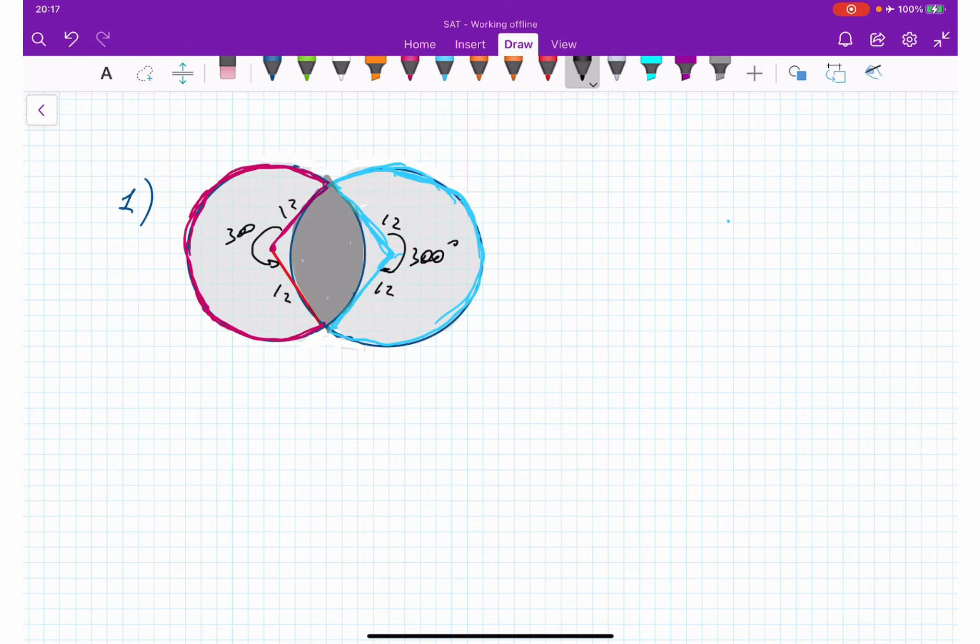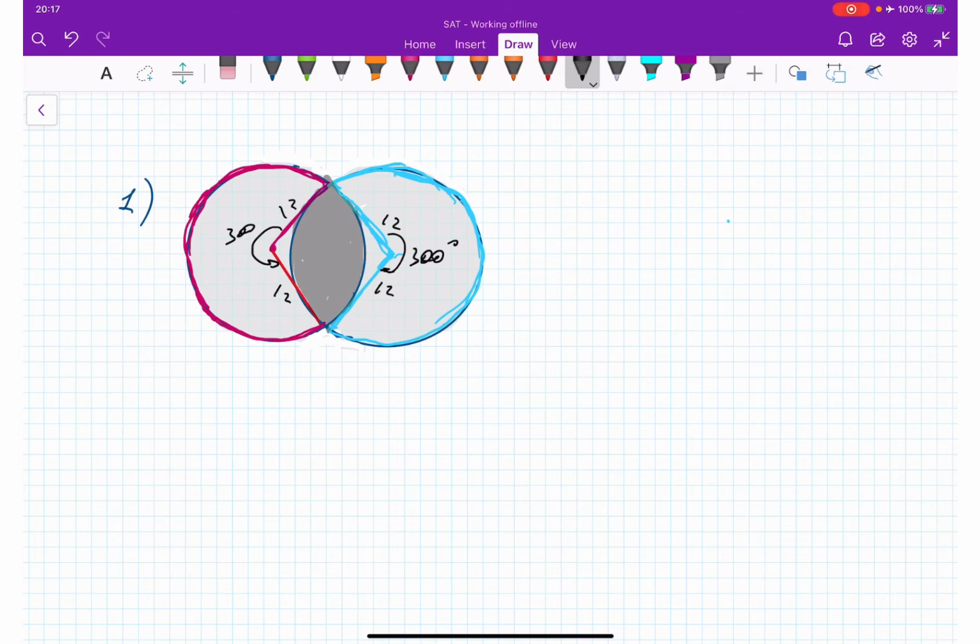So we need to find the entire area of both circles. Calculate the area of this entire shape shown here, these two circles that are overlapping each other.